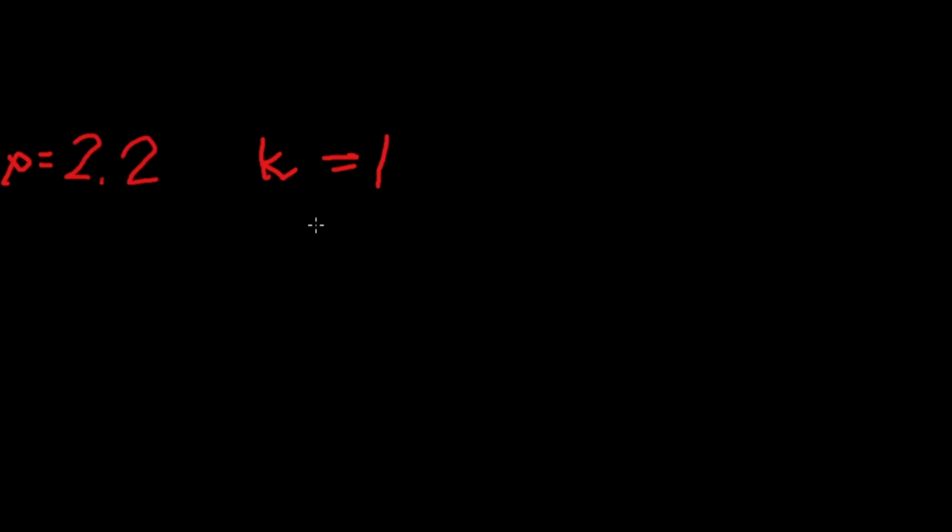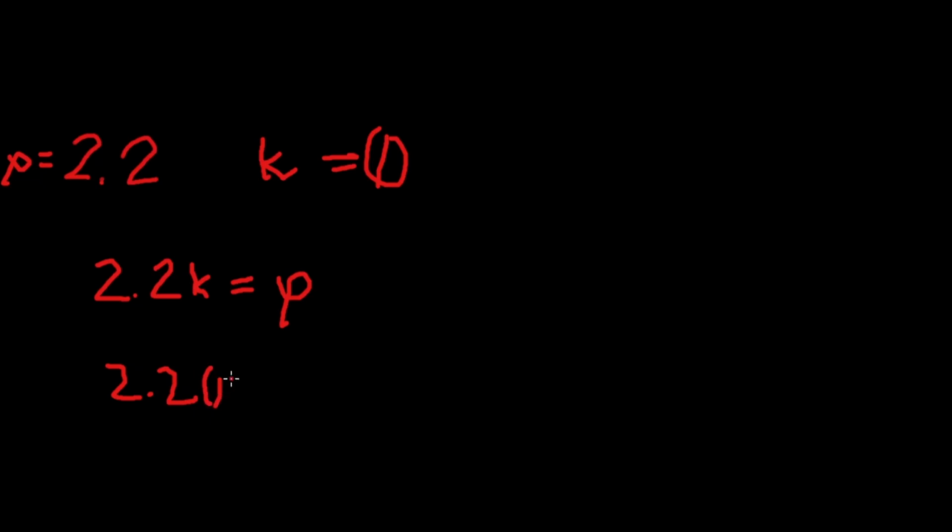So how would we communicate this with our understanding of math? Well, if we have 2.2 K, it's equal to P. Because think about this: every time you write a statement, you have to check if it's true. If we plug in our 1 into the K spot, these parentheses show that I'm multiplying 2.2 by 1, and we plug in 2.2 where the P is.